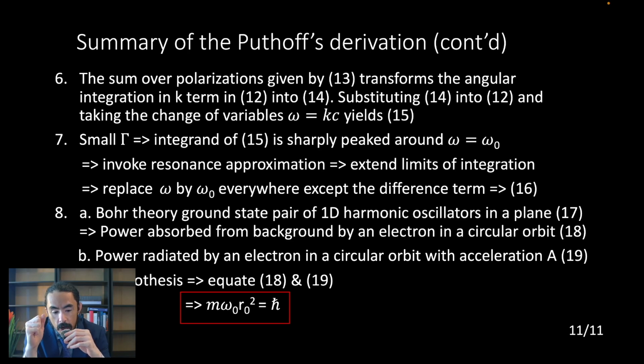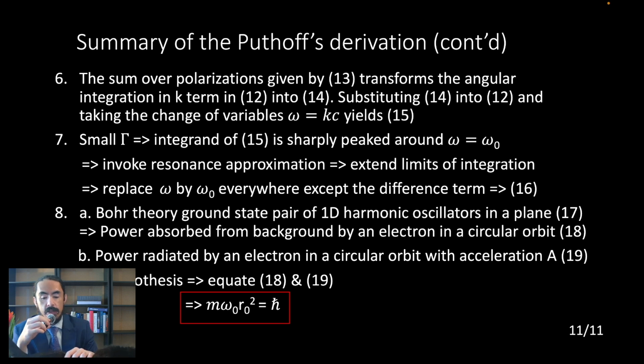Step 7, a small gamma. This gamma is a shorthand for a big cluster of constants and variables, but at step 7 we're doing a mathematical step based upon an analysis of one of the physical quantities in what we're calculating.